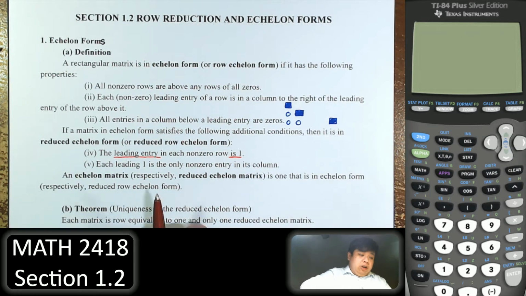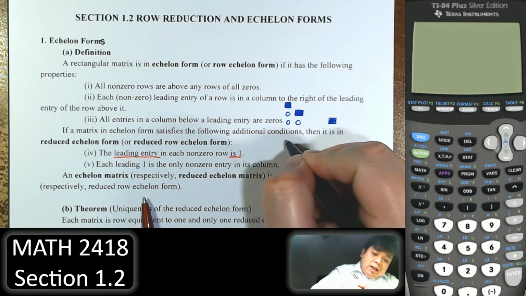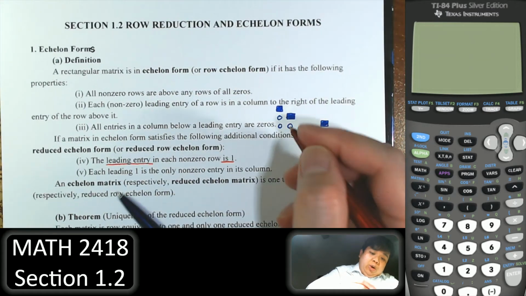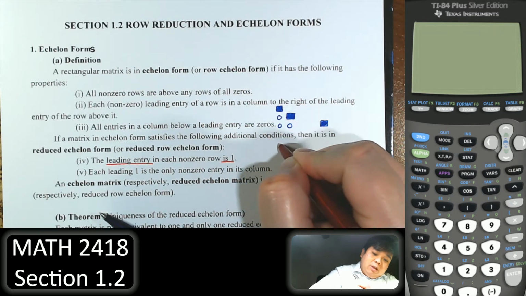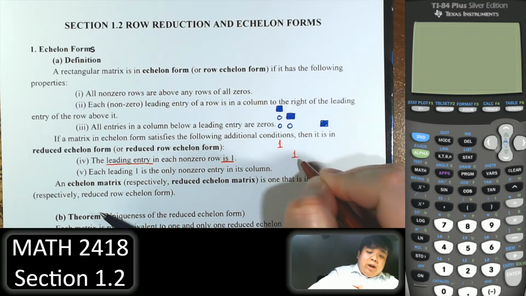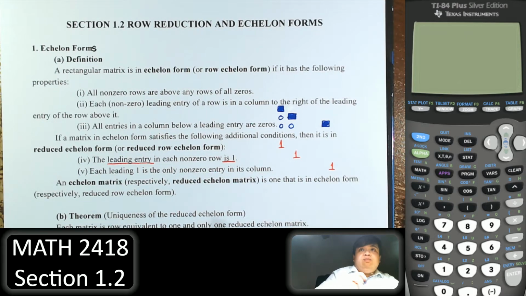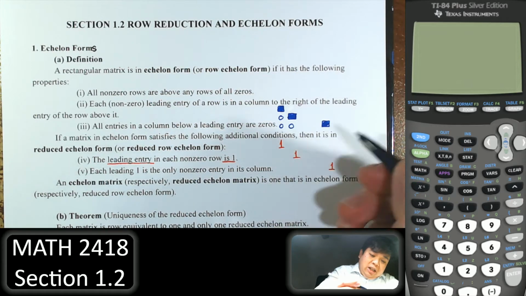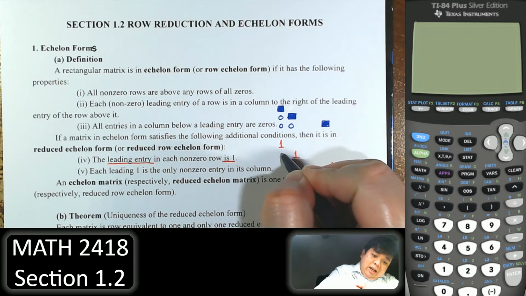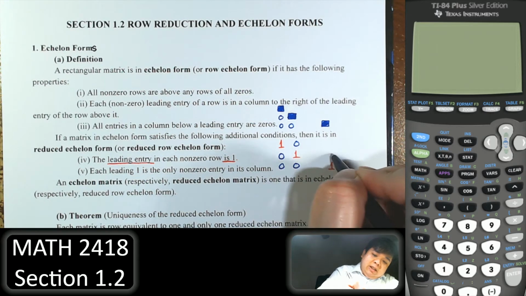So if this is in echelon form, then this will be in reduced row echelon form. Instead of any non-zero number, it has to be 1 for the leading entry, and then 0 below it and 0 above it.